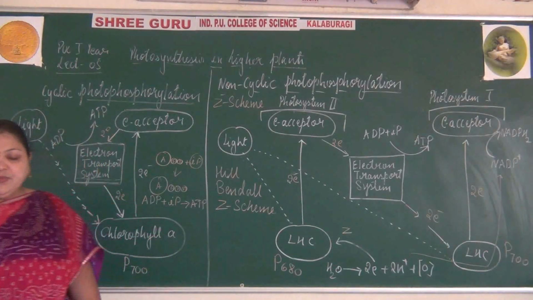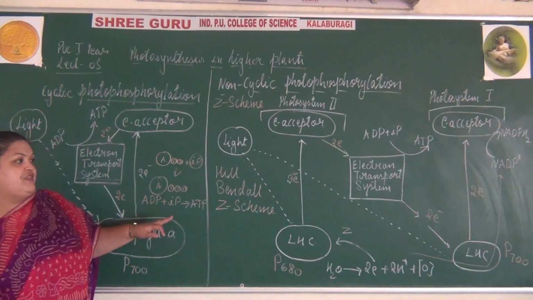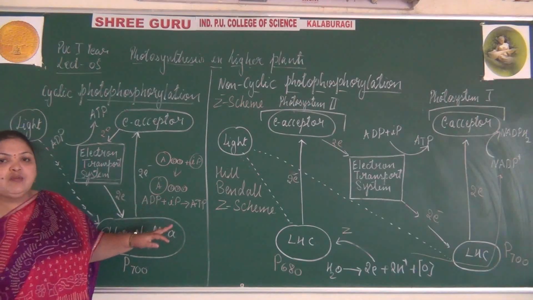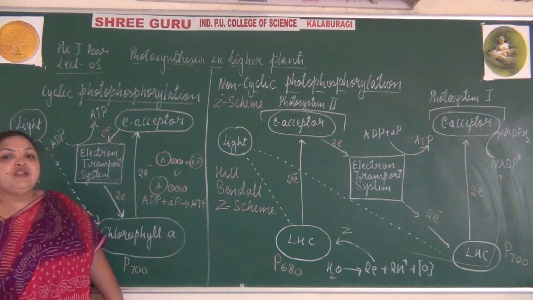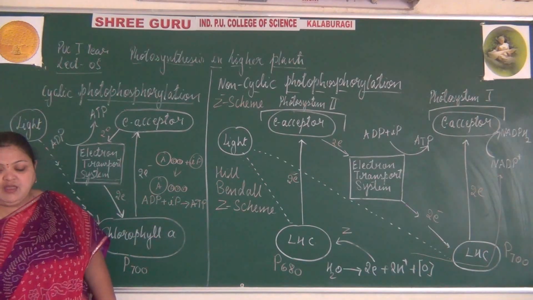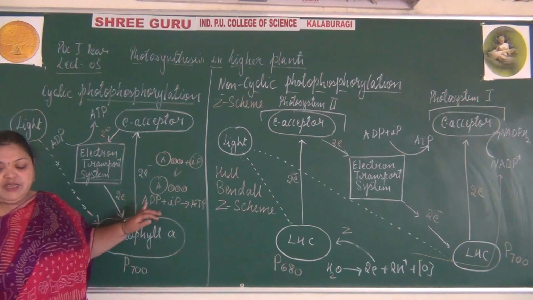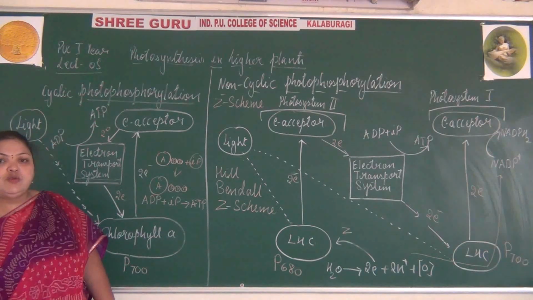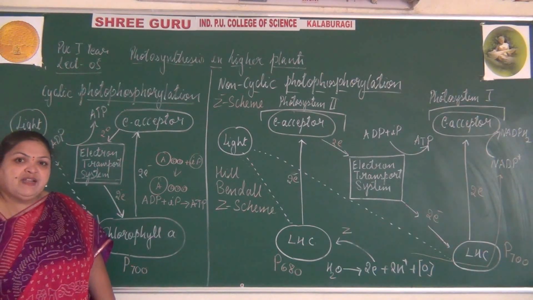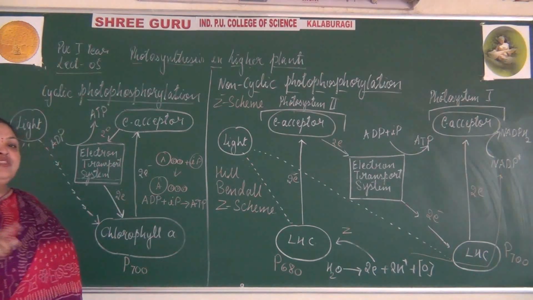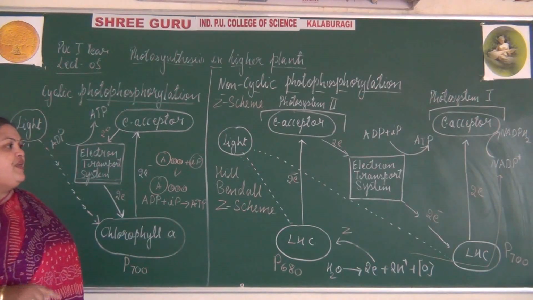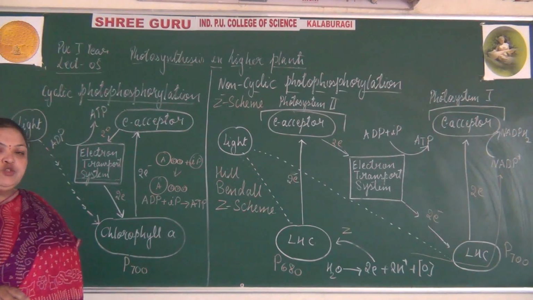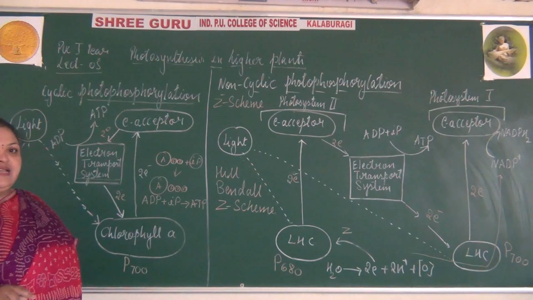As I said, in one the movement of electrons is cyclic and in the other it is unidirectional. Oxygen is not evolved in one, and oxygen is evolved in the other. Ultimately, at the end of both these processes, ATP and NADPH2 are synthesized.